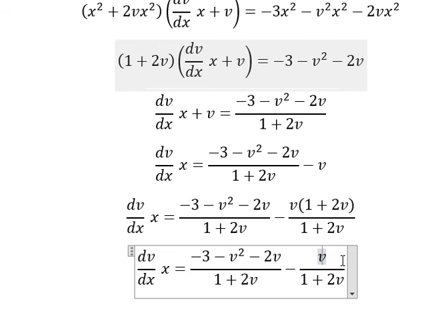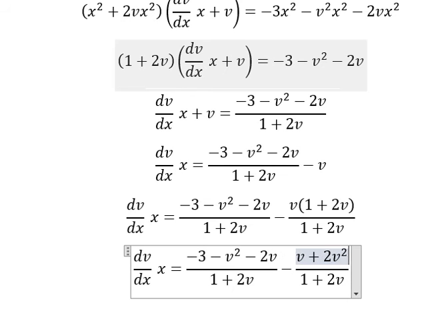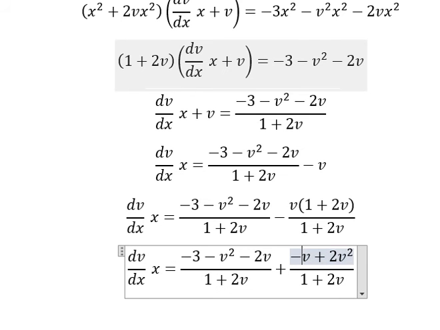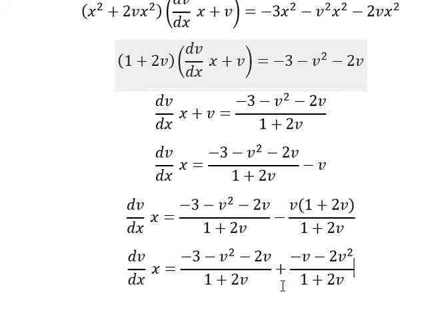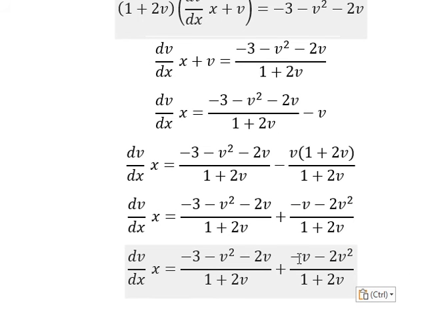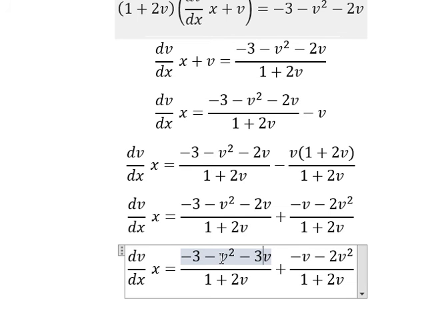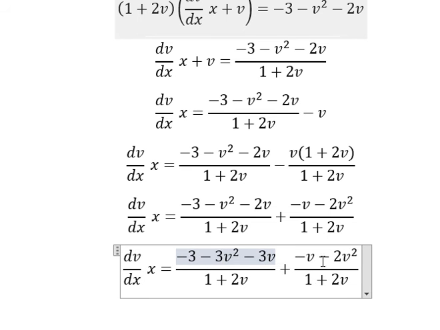So we have v and 2v squared. So negative we put in here. Negative 2v, negative v, we have negative 3v, negative v squared, negative 2v squared, we have negative number 3 in here.